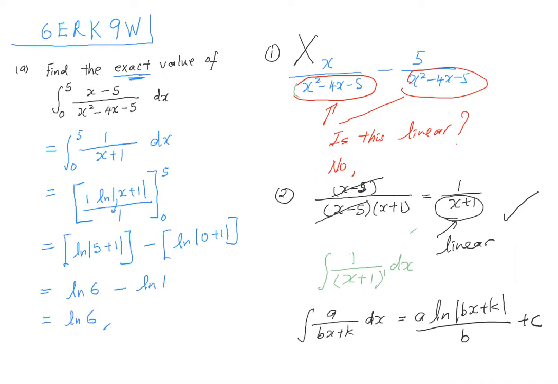So this is the exact value. By the way, ln 1 is 0, so that's why I didn't write it. Clear? Any issue?